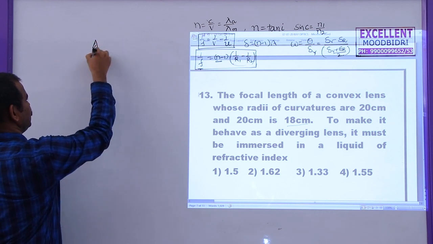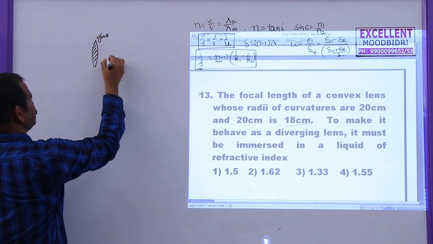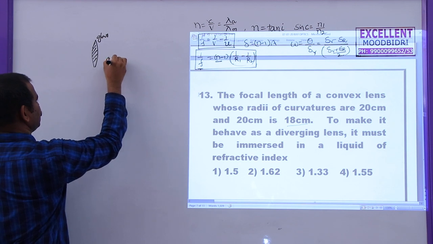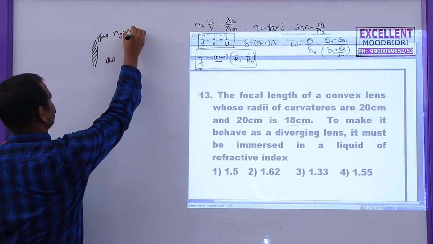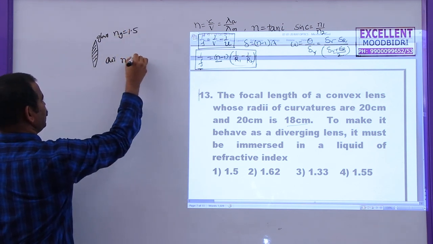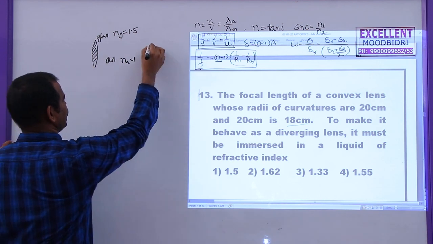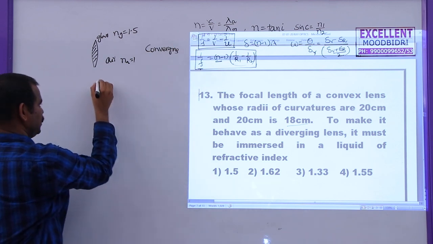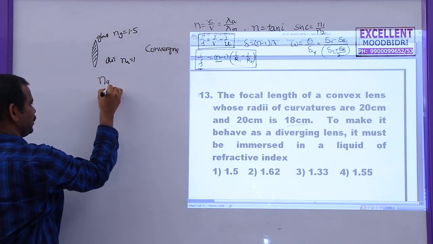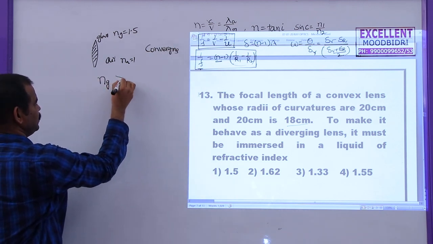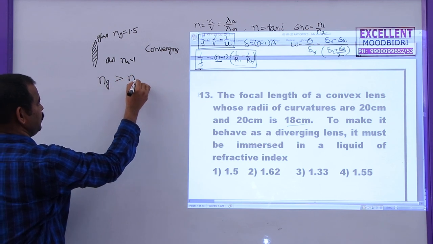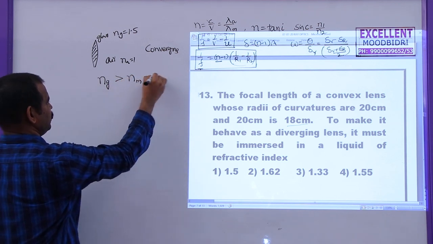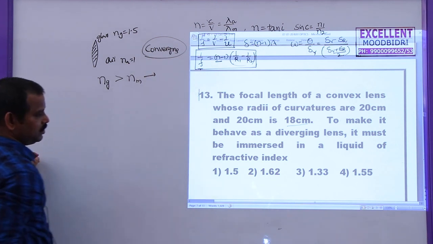If a glass lens is kept in air, so this is n_g equal to 1.5, n_air is equal to 1, it behaves as a converging lens only. That means if the refractive index of the material of the lens is greater than the refractive index of the medium in which it is placed, then its behavior never changes.